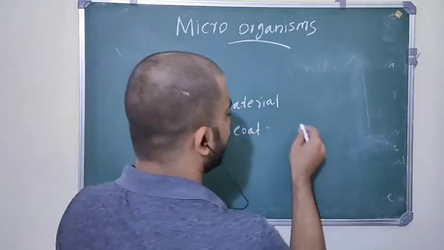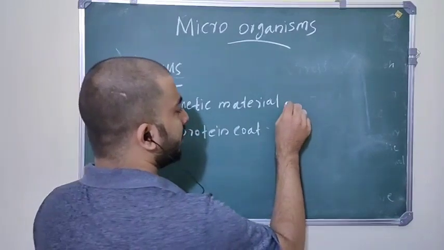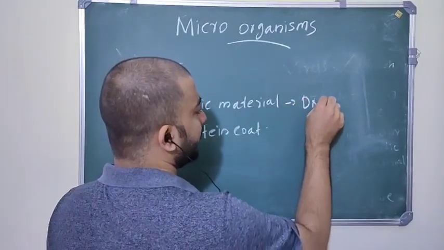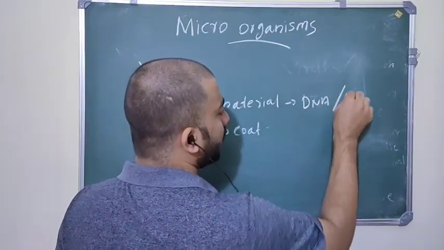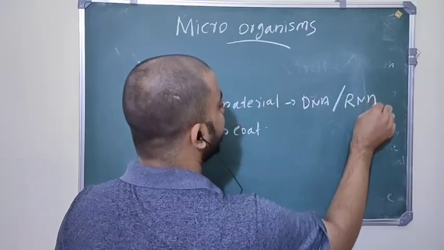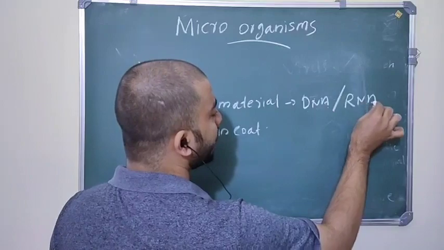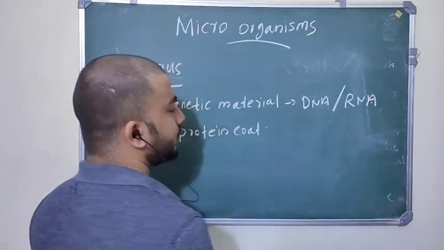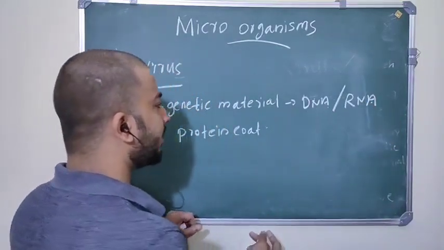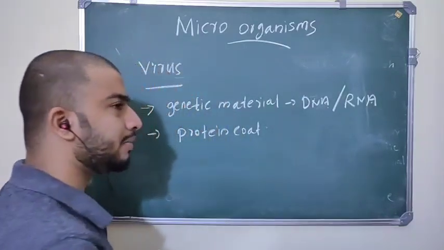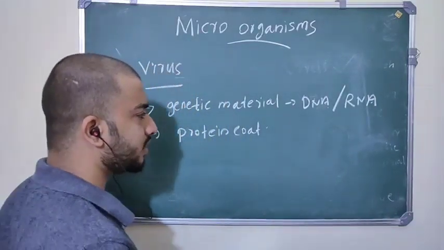What is meant by genetic material? Genetic material is either DNA or RNA. DNA is deoxyribonucleic acid, RNA is ribonucleic acid. So genetic material may be DNA or RNA, and based on that, there may be DNA virus or RNA virus.